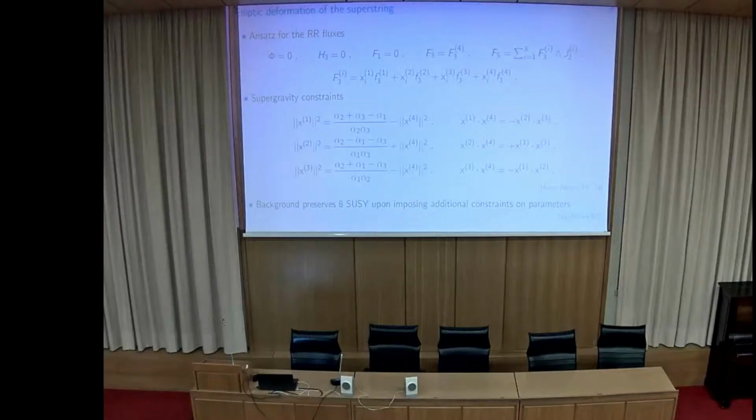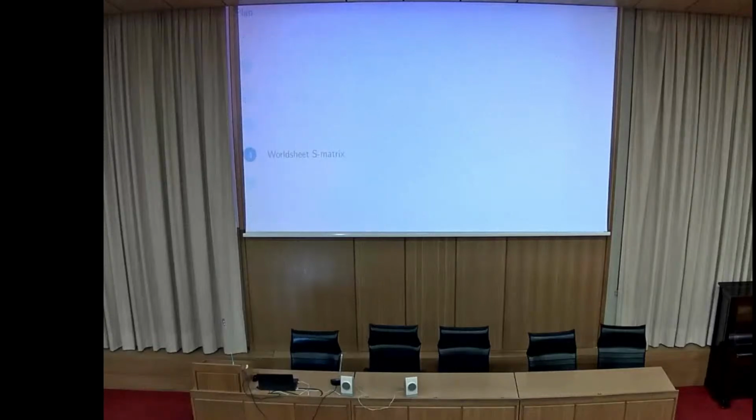But there is a solution. So it is possible to embed the bosonic geometry into type IIB supergravity. And in fact, one can check, and this is work in progress with Ben Hoare, that this background actually preserves 8 supersymmetries if one imposes some additional constraints on these vectors. So also in this elliptic deformation, it's possible to preserve some amount of supersymmetries.